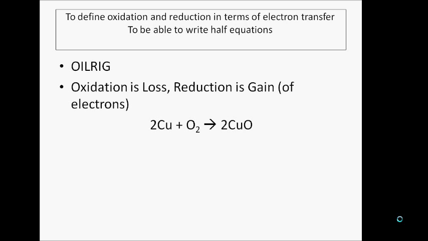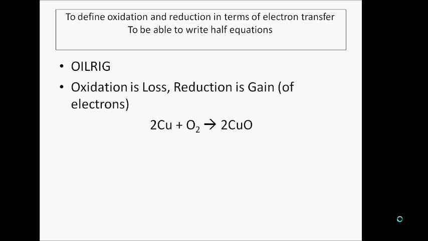So if we look back at the original equation, where we had copper reacting with the oxygen, we can look at it in a different light. As well as looking at it from the oxygen angle, we can now look at it in terms of electrons. We said that copper had been oxidized because it joined with the oxygen, but it's also been oxidized because it's lost electrons.